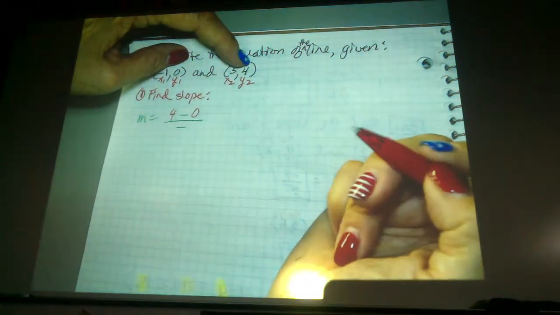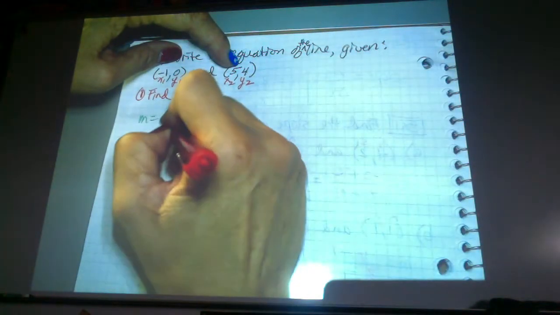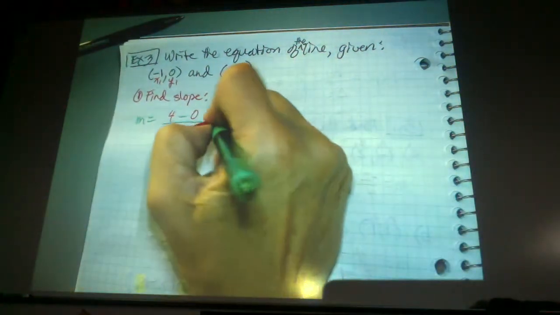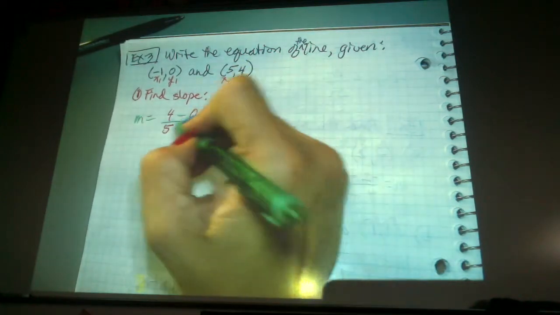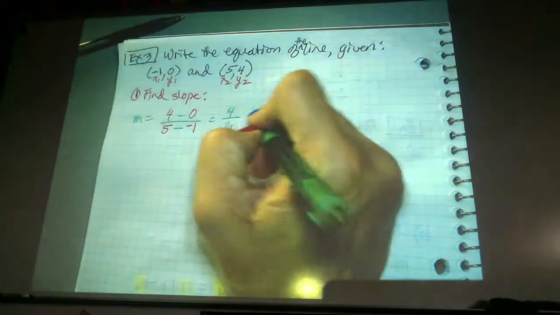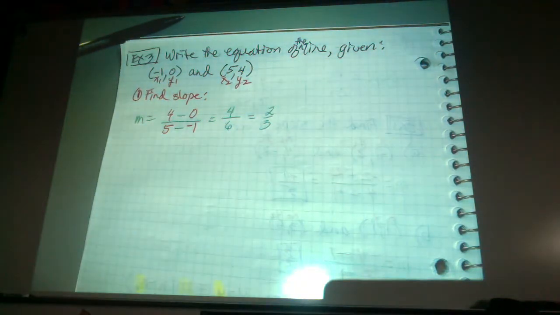So I've got 4 minus 0. Since I chose to have 4 come first, my x's, I must have 5 come first in the denominator, minus negative 1. And my slope ends up being 4 divided by 5 plus a positive 1, 6, and that can be reduced to 2/3. So there's my slope.